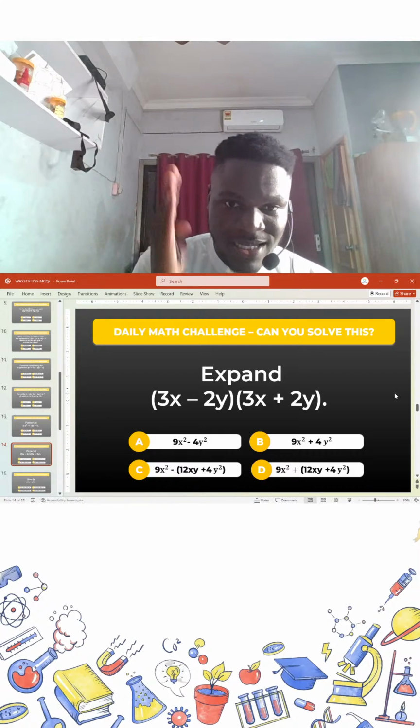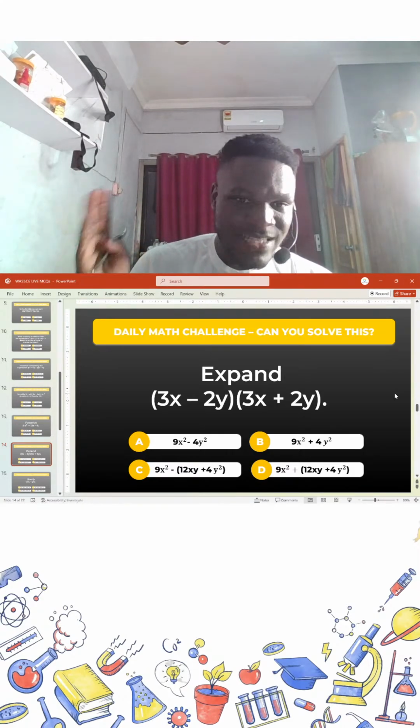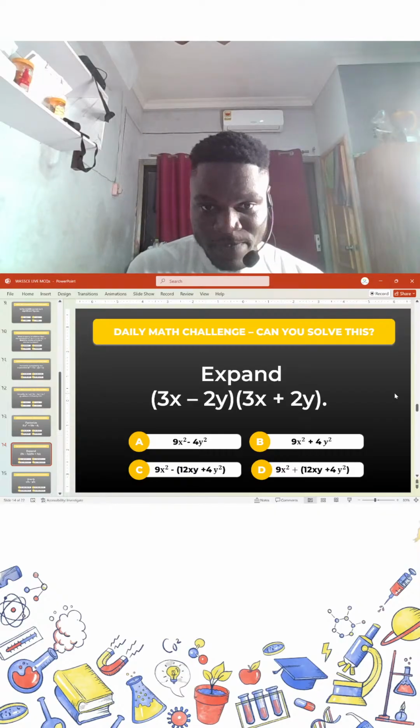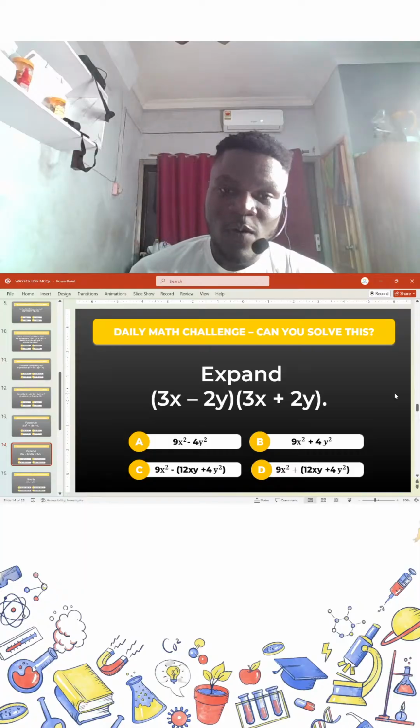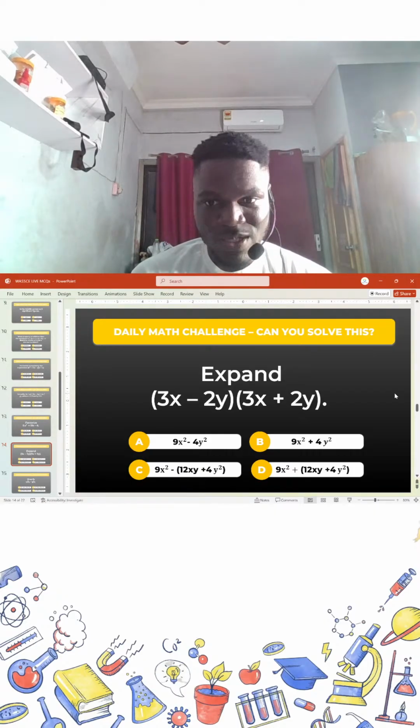So we have to expand 3x minus 2y multiplied by 3x plus 2y. So we have option A, 9x squared minus 4y squared. That's option A. We have option B, 9x squared plus 4y squared. Okay, the only difference there is one is plus, one is minus.